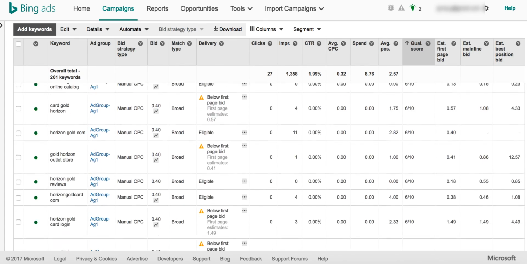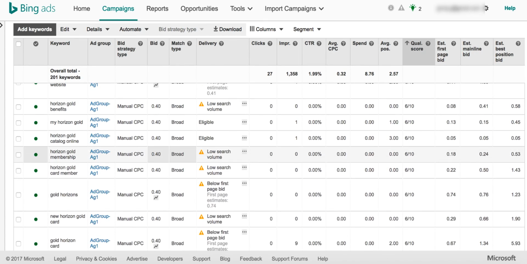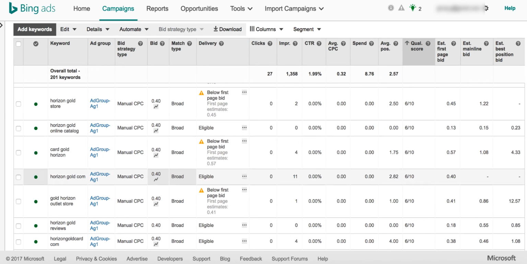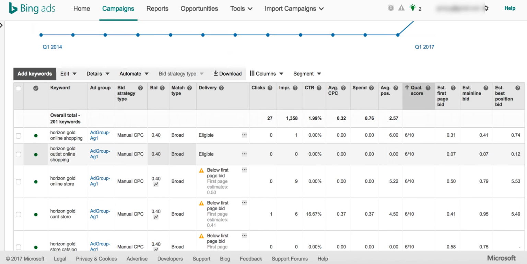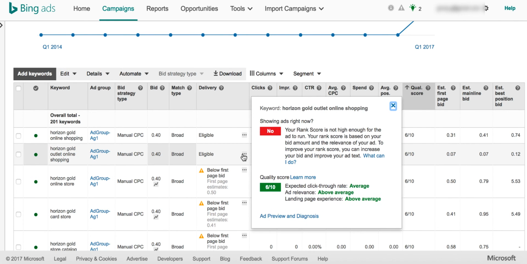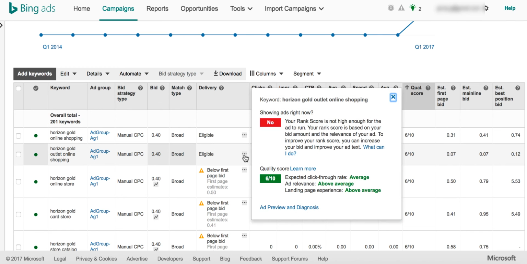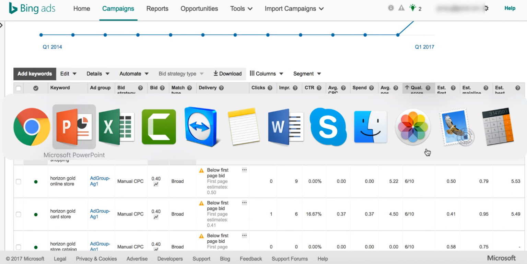Any ad quality greater than 6 is considerably okay, but that will also have a direct impact on your average position over a period of time. So try to have them as high as possible. You can see your quality score and more information about your quality score here, by clicking on these links. So that's something that I'm going to fix.